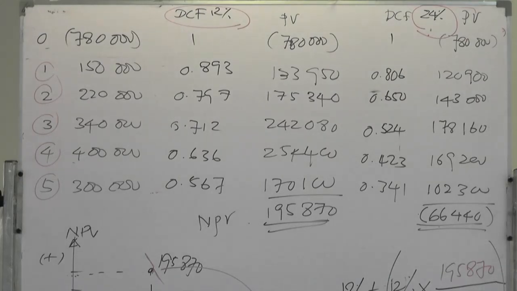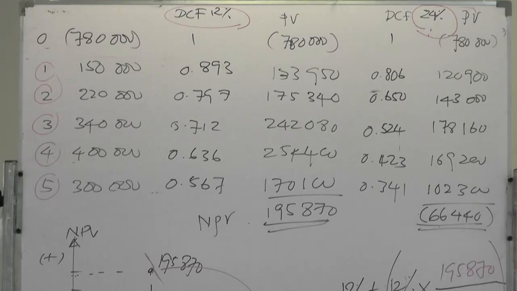Now, there is a relationship. I think you can understand the relationship on the board. What is the relationship? When the discount rate increases, NPV will decrease. Therefore, there is an inverse or negative relationship between NPV and cost of capital. Therefore, answer A is incorrect. It is not a positive relationship. It is a negative relationship between NPV and cost of capital.